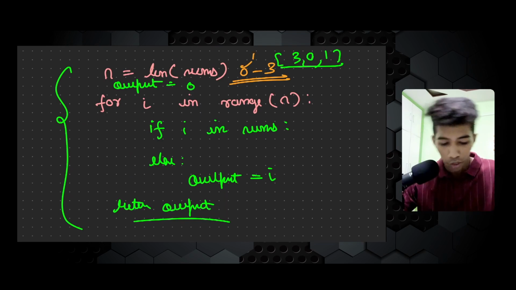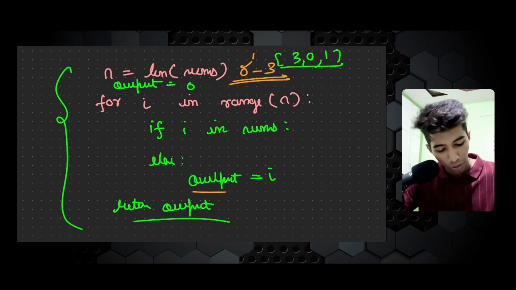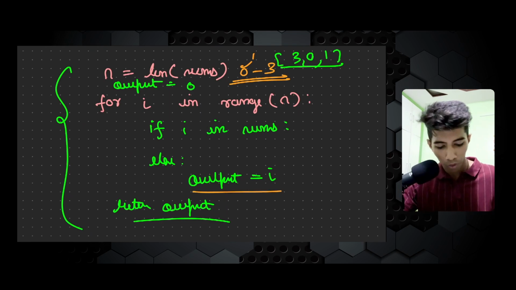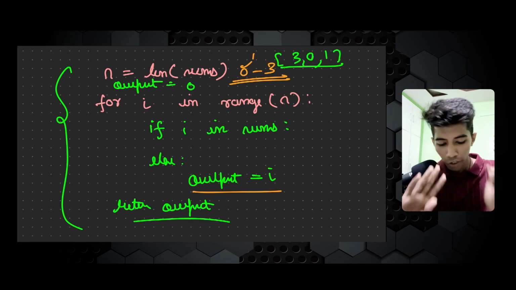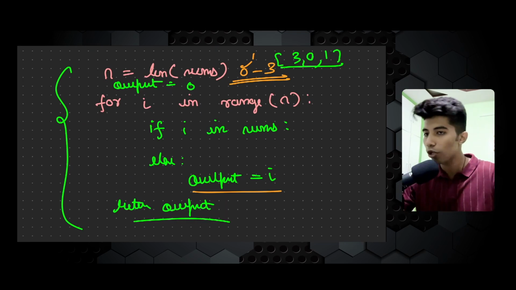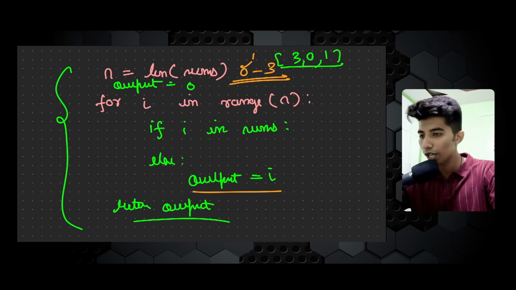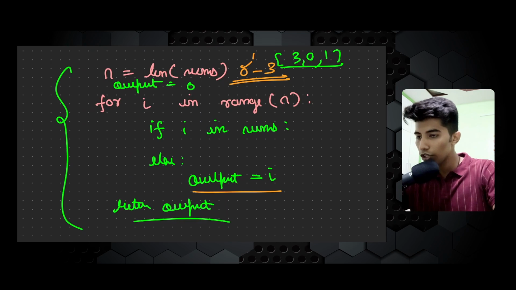Then 1 is present, okay, 1 is also present. 2 is not present, so it means my output will be 2. This is how I am trying to solve it. So this is the first approach of solving this problem, and by using this also you will get the solution. I can just show you this. Let me go to the screen and show you.